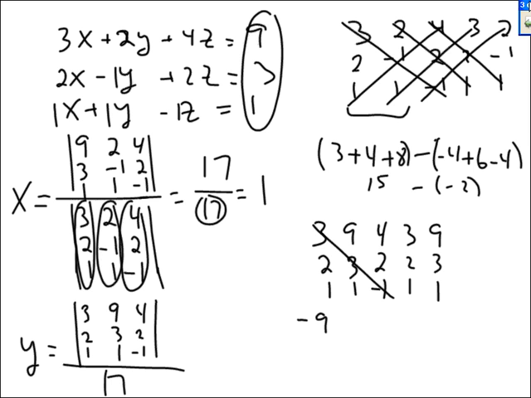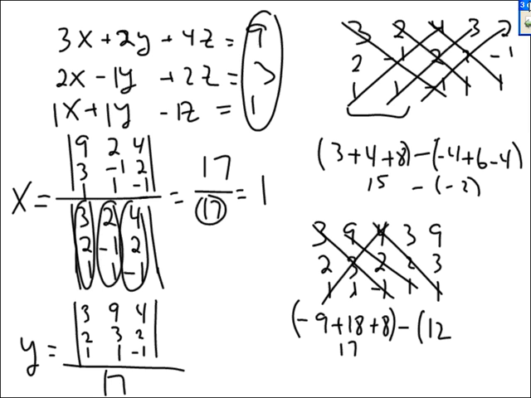You get negative 9 plus 18, which is 9, plus 8, 17, minus 12 plus 6 is 18, minus 9. 18 minus 9 is 9. 17 minus 9 is 8. So you get 8 over 17, which I think is not correct.